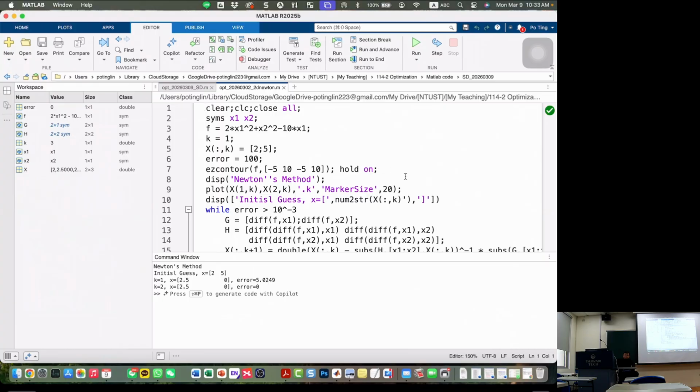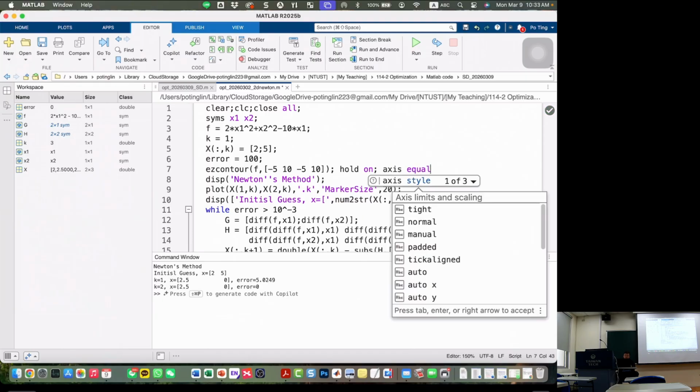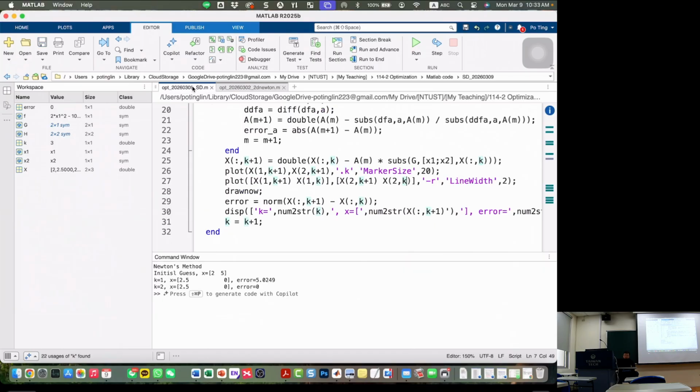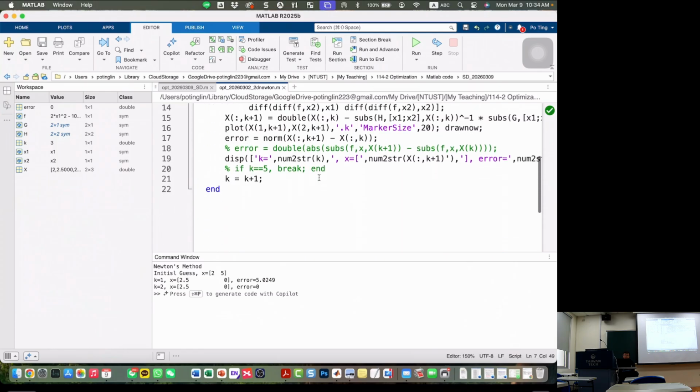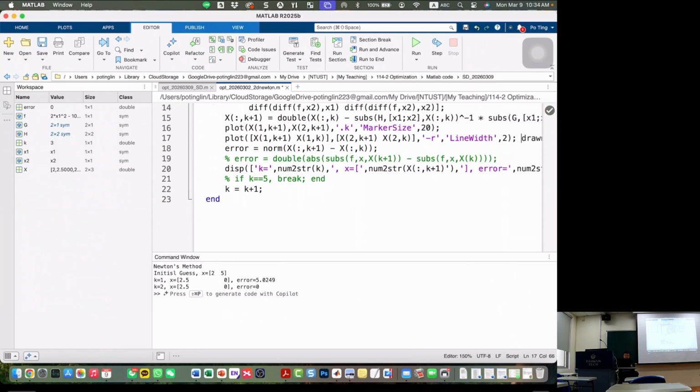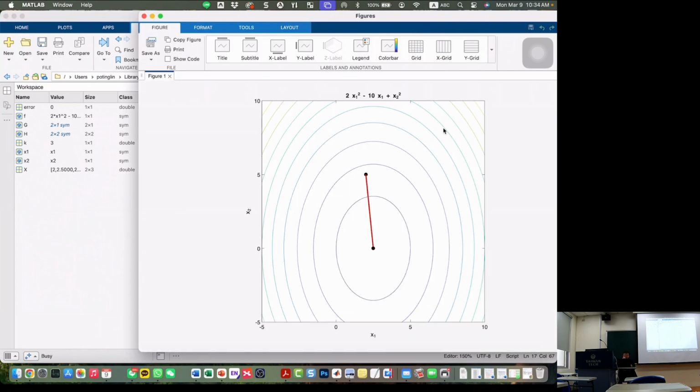If I also do axis equal, and also draw the red line. Okay. So this is Newton's method.